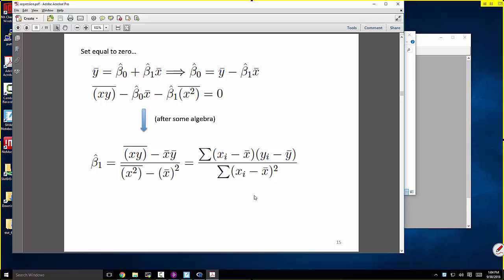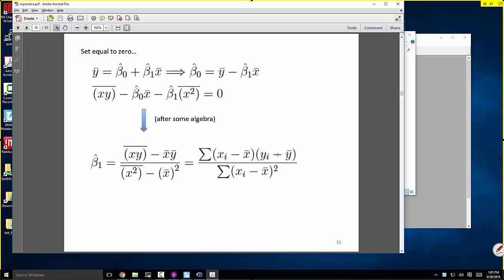A covariance, if you scale it by dividing by the two standard deviations, you get a correlation. So this numerator is proportional to the correlation between y and x. What gets divided by is roughly the variance of x.